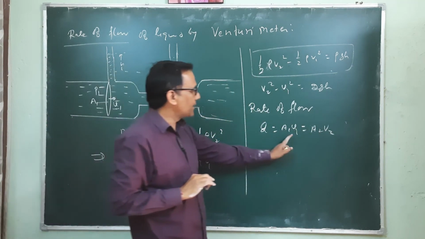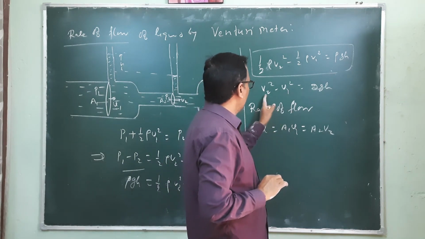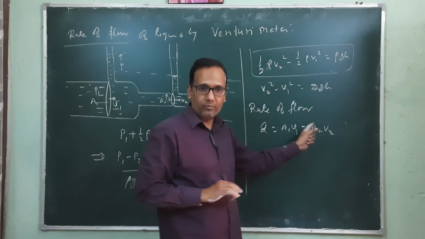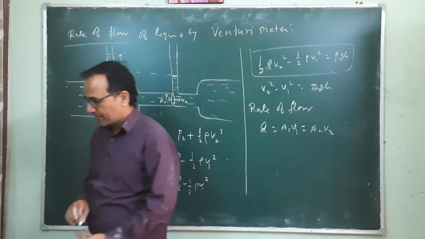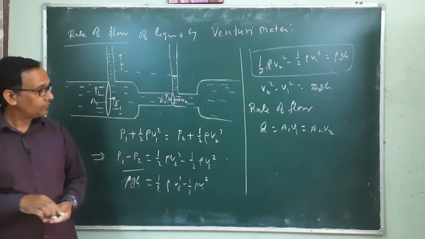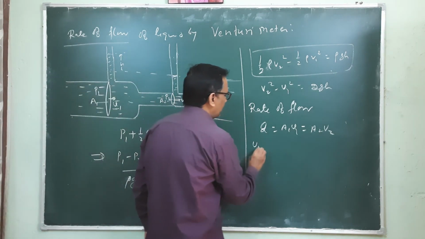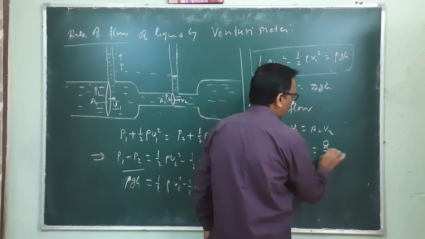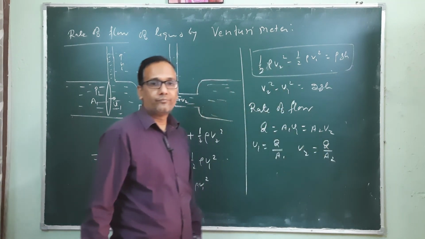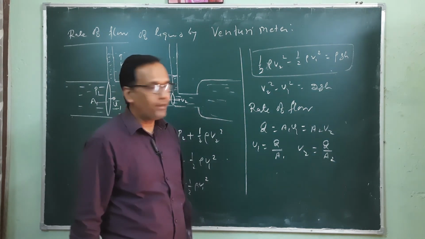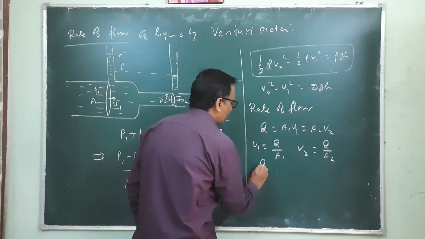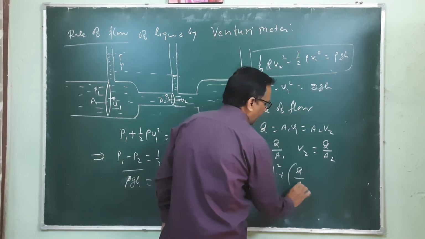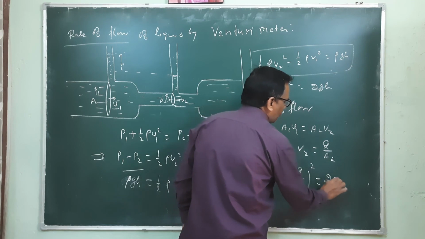So V1 is equivalent to Q by A1, and V2 is equivalent to Q by A2, because the cross section area is different. So (Q by A2) square minus (Q by A1) square is equivalent to 2gh.